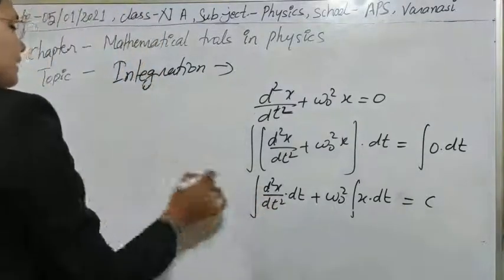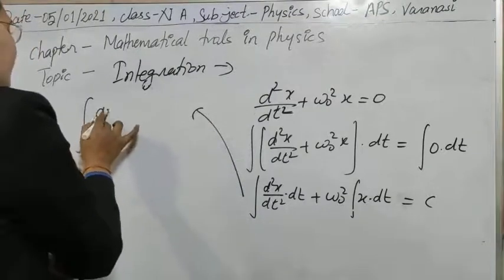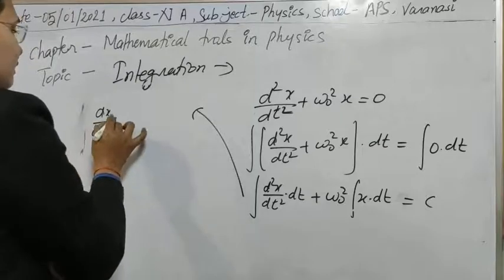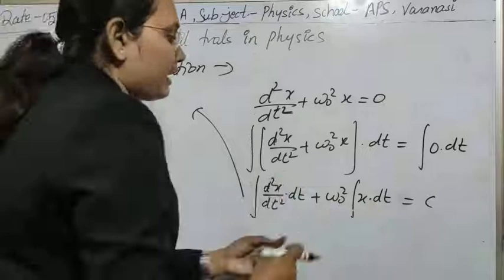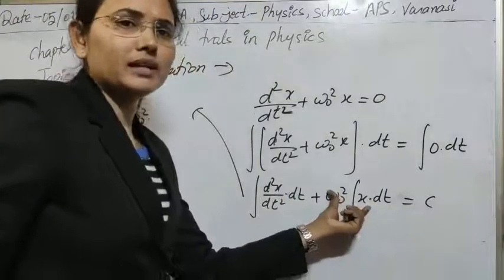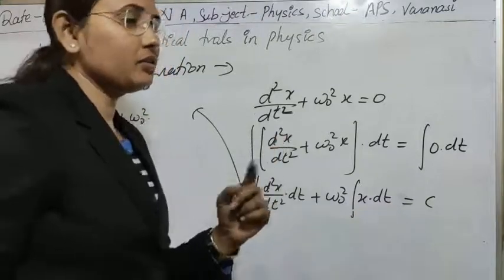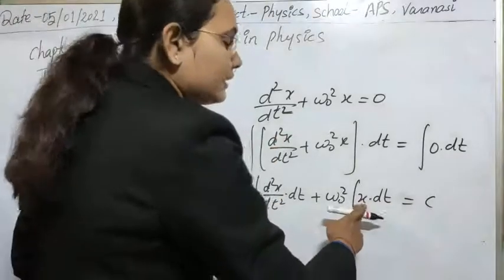So finally you will get dx by dt plus omega 0 square, and x is a constant here because we are integrating with respect to t.